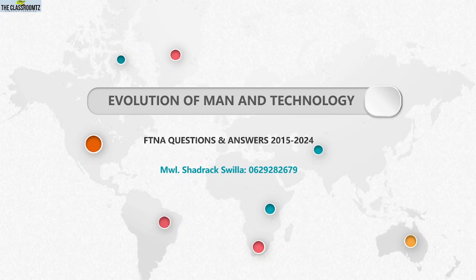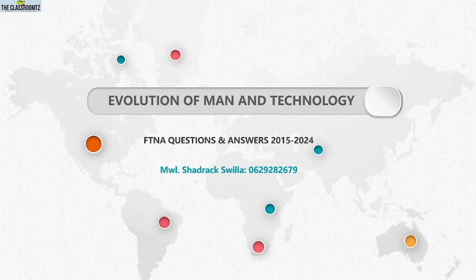So I selected different questions, as I did in the first discussion of the first topic, introduction to history, importance, sources and importance of history. We discussed the other questions from the Form 2 exam, and also today we're going to check the second topic in terms of questions and answers.